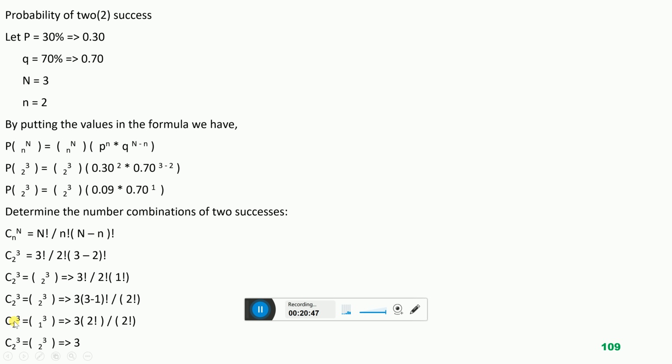Now C(3,2) is equal to 3 factorial divided by 2 factorial multiplied by 3 minus 2 factorial, which is 3 times 2 factorial divided by 2 factorial. The 2 factorial cancels out with 2 factorial, and C(3,2) is equal to 3, meaning the number of combinations of 2 successes out of 3 exams is 3.